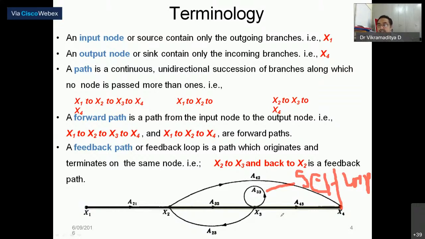Yes, at x3, very correct. While these are the feedback loops, this is known as a self loop. When we identify loops, we identify self loops also. It is not that we apply it to feedback loops only. Any doubt?